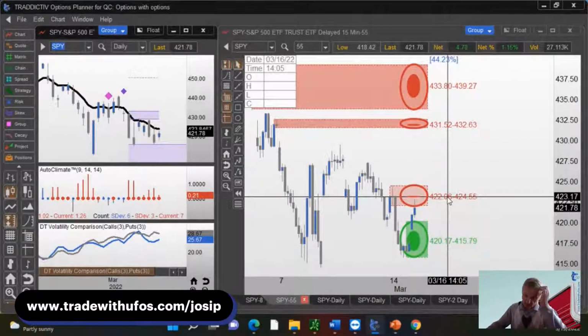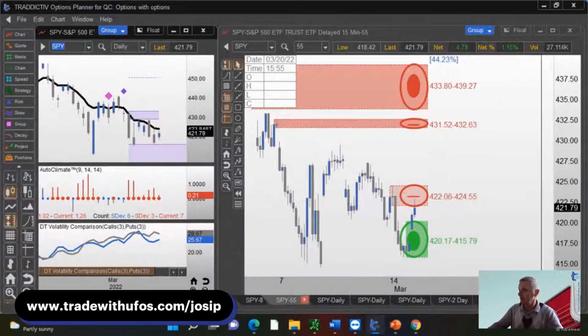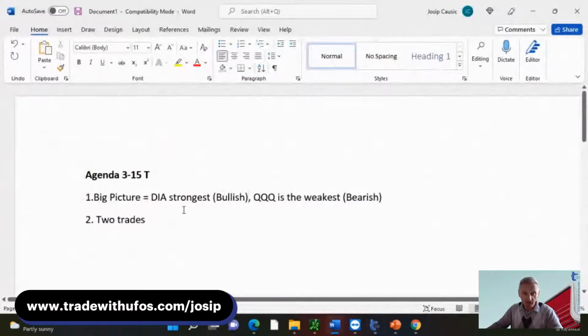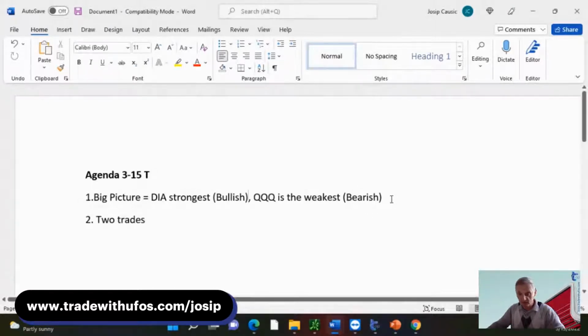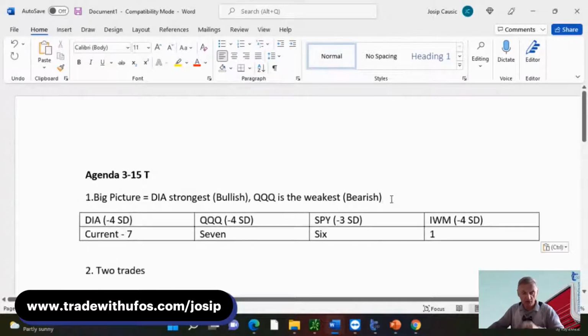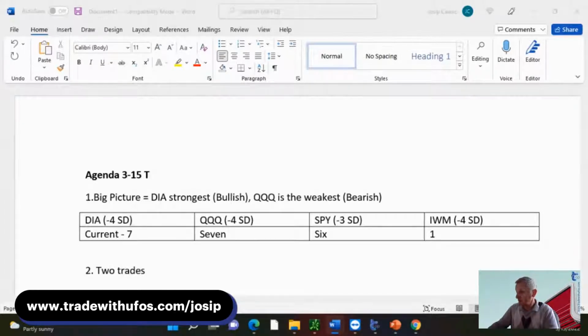But what I really would like to do now is tie the big picture of what I was talking about earlier, about the Dow being the strongest and QQQ being the weakest, by simply sharing with you what I did last night to make my logic easier to comprehend, of that 80% of the activity versus the 20% of the activity that produces a result, right?